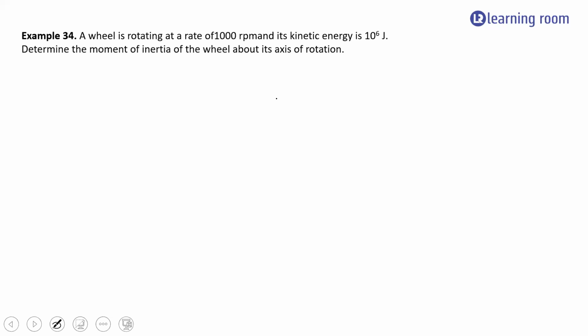So apply that half I omega square. They have given you 1000 RPM. So frequency is 1000 RPM. And its kinetic energy is 10 power 6 joule. So kinetic energy is equal to half I omega square. I is what we need to find.